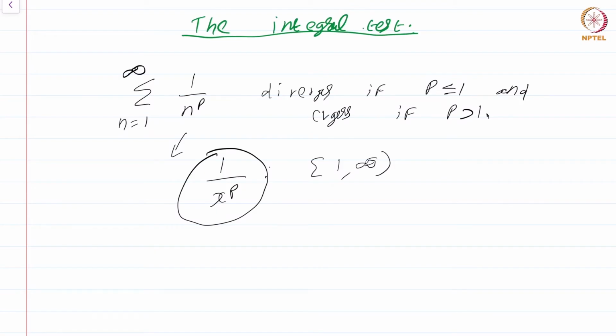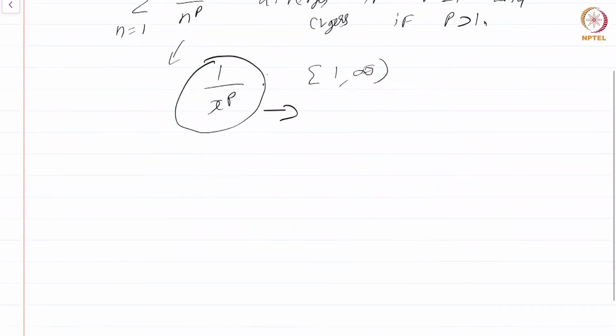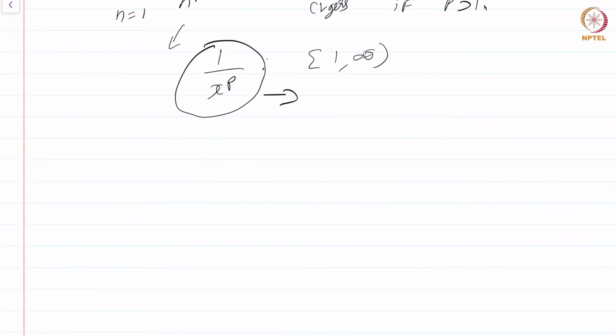It sort of says that the sum of the series is related to the area of this extended function between n and n plus 1. Okay, so these vague remarks will now be made precise in this theorem. This is the integral test, and this is a very powerful general test for convergence.